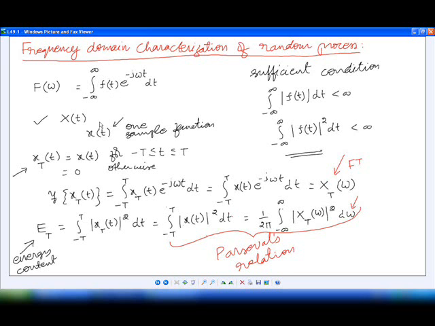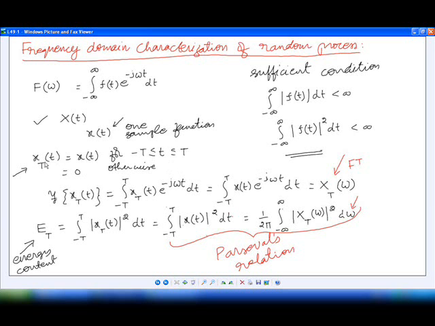Here we are letting x of t be a random process, and small x of t is one sample function of the random process x of t. So here we define a new function x_T of t, which is equivalent to x of t for the interval minus T to T. That is, we are simply truncating the sample function for the interval minus T to T. Instead of considering the entire function from minus infinity to plus infinity, we are considering x of t over the interval minus T to T. That function is designated as x_T of t.